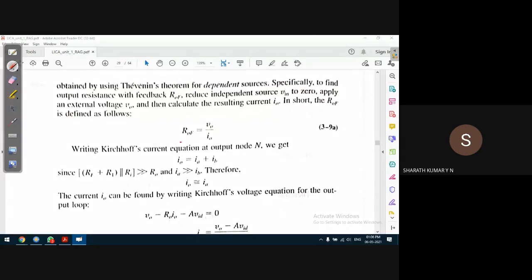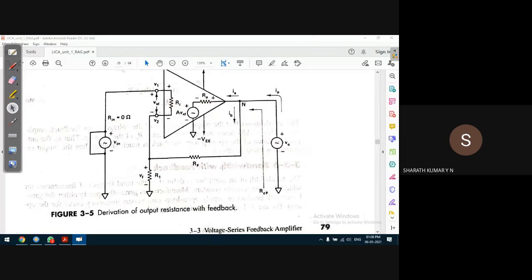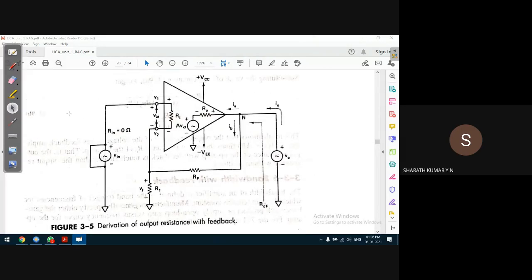ROF is V naught by I naught, that is the output impedance. For this we need to consider I naught. I naught is given here. It is the combination of IA and IB, sorry, it's not clear here.